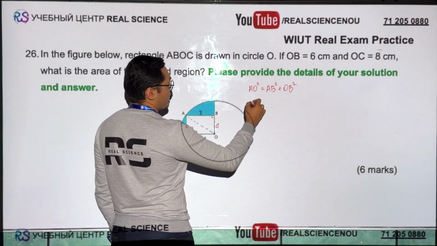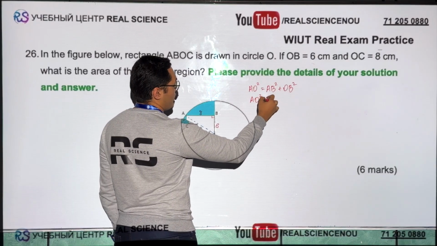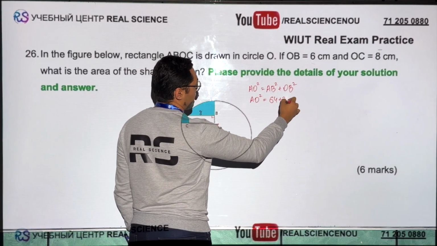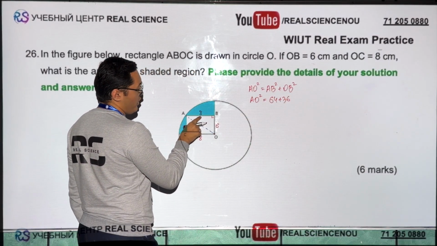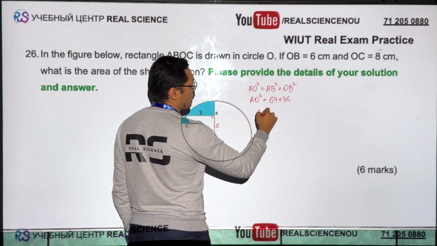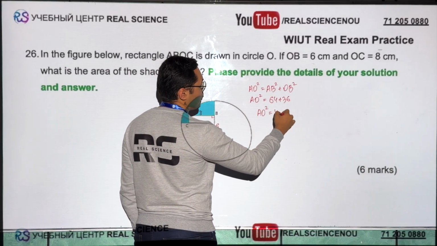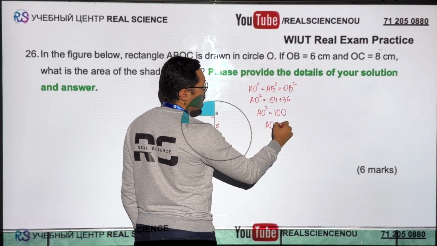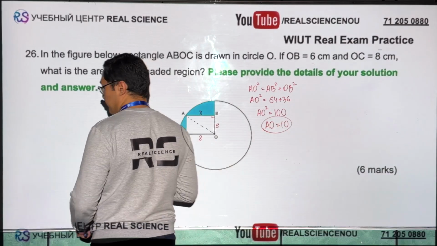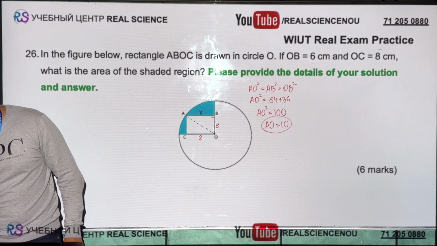So AO squared is equal to 64 plus 36, which is 8 squared plus 6 squared. So AO squared is equal to 100, and therefore AO is equal to 10.